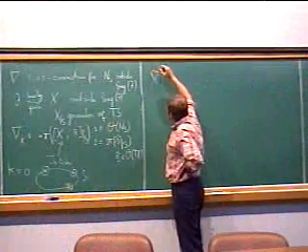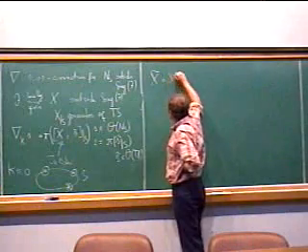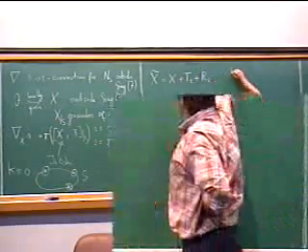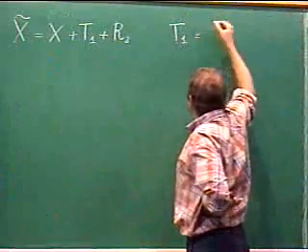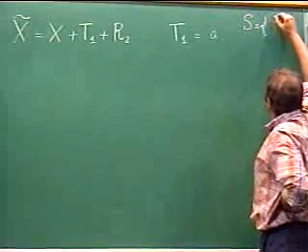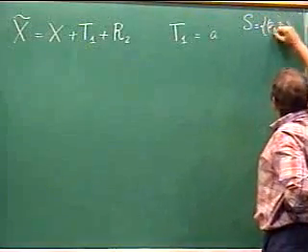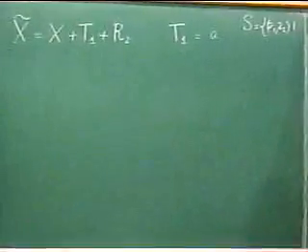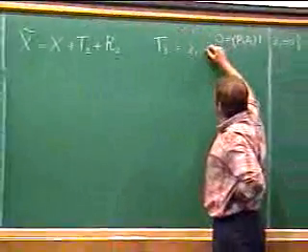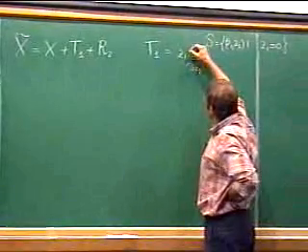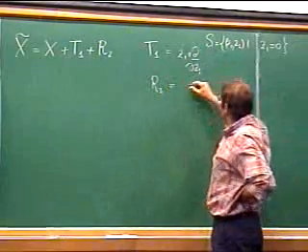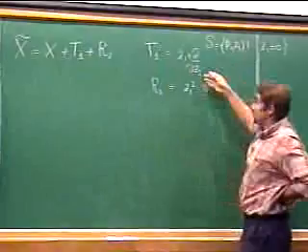Suppose that X tilde is another vector field which is equal to X up to some, let's say, T1 plus R2, where, suppose that S is given by Z1 equals 0. So T1 is something of the form Z1 d over dZ2 times another function, and this R2 is something of the form Z1 squared times some vector.